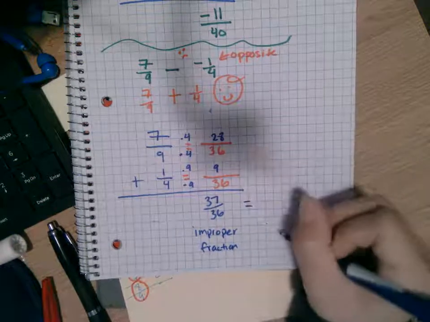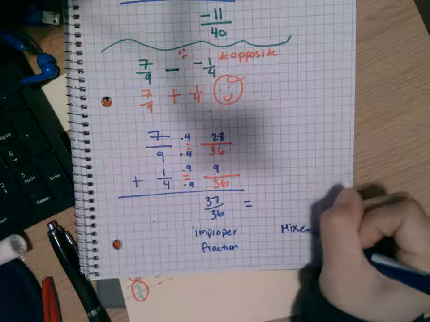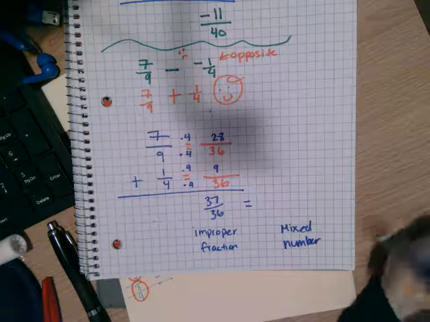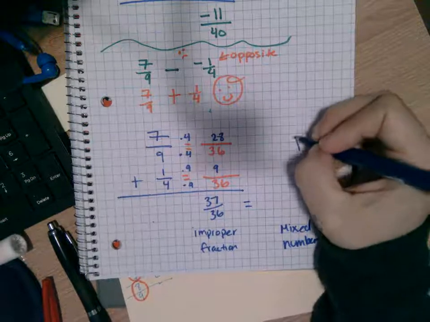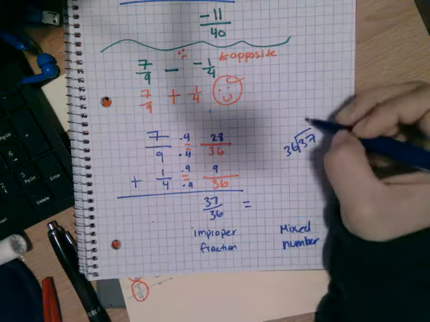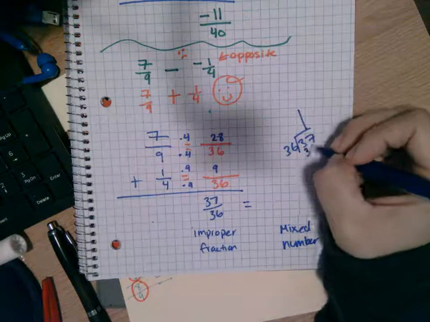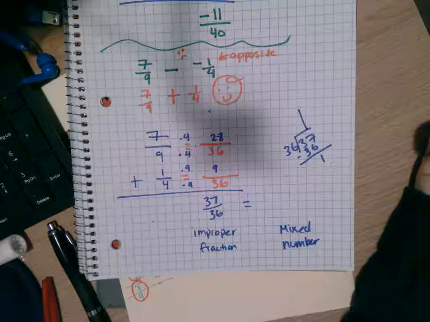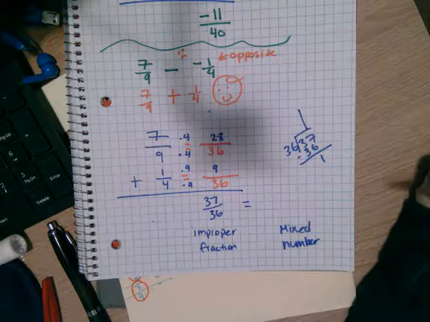We have to turn it into what is called a mixed number. A mixed number you get by dividing. 36 goes into 37 one time, remainder 1. Now, this is the only time in life that we like remainders, when we do mixed numbers.